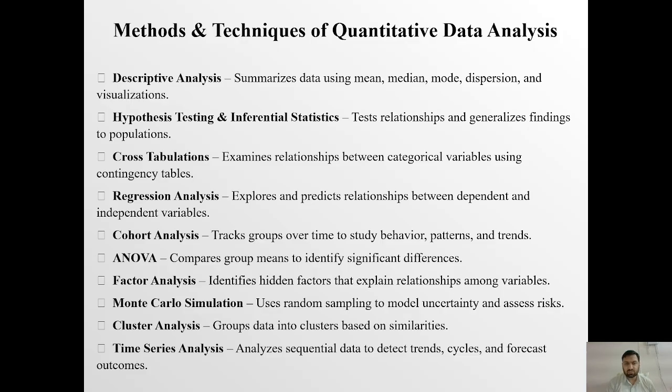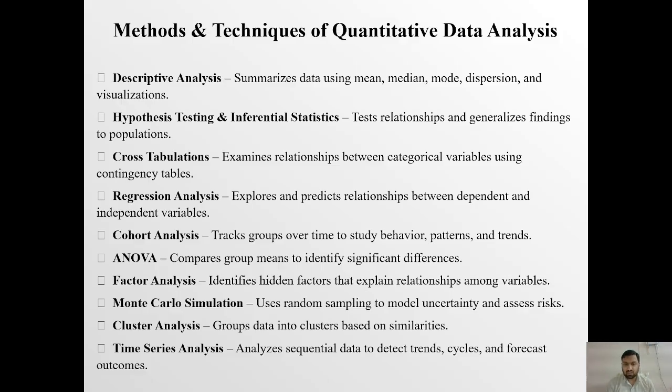This is the explanation of these techniques. Descriptive analysis summarizes data using mean, median, mode, dispersion, and visualizations. Hypothesis testing and inferential statistics test relationships and generalize findings to populations. Cross tabulation examines the relationships between categorical variables using contingency tables.